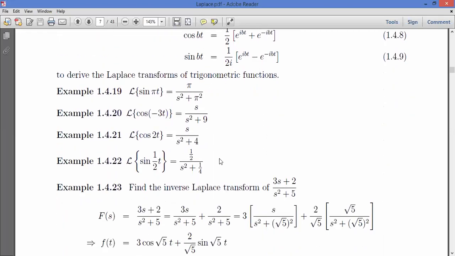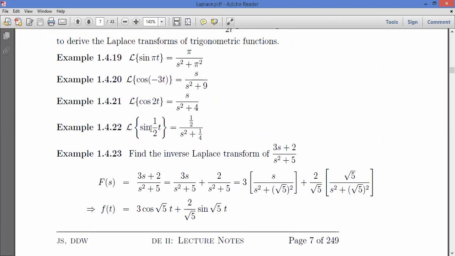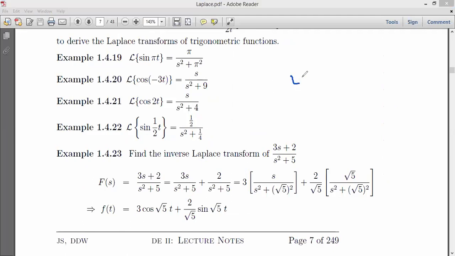So how do we compute something like this? First of all, this one here is quite direct also. Remember, we have already said that the L of sine bt is b over s squared plus b squared.